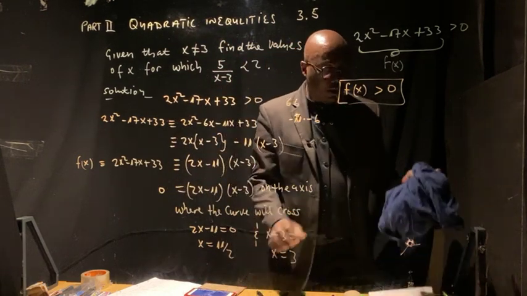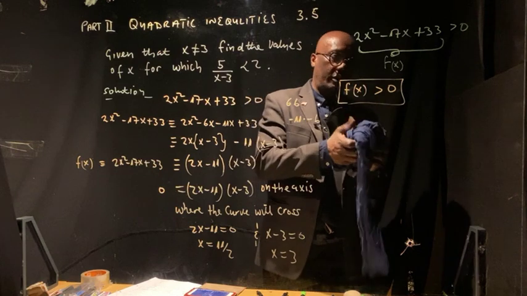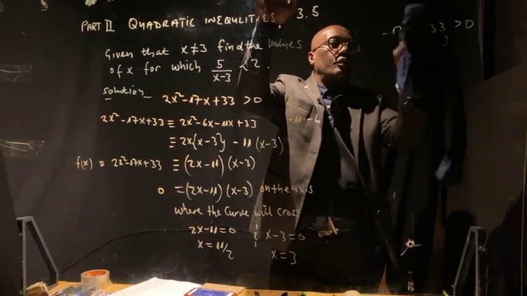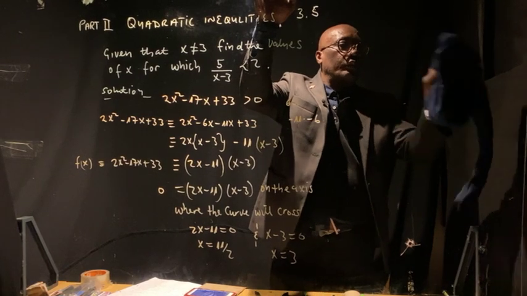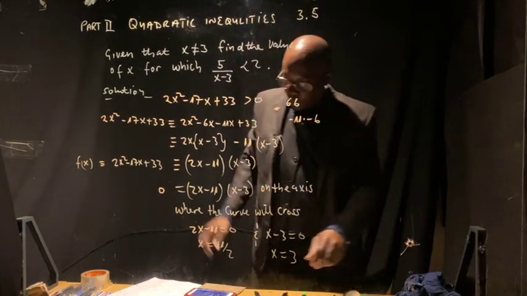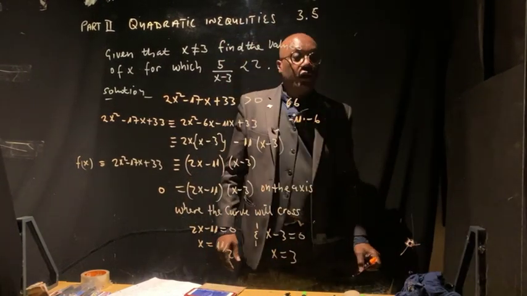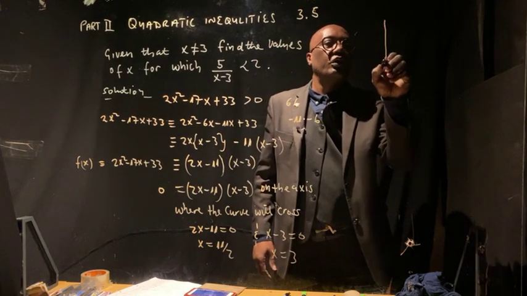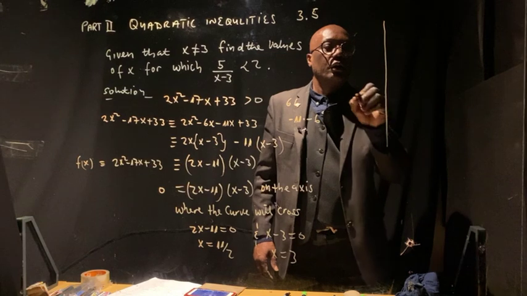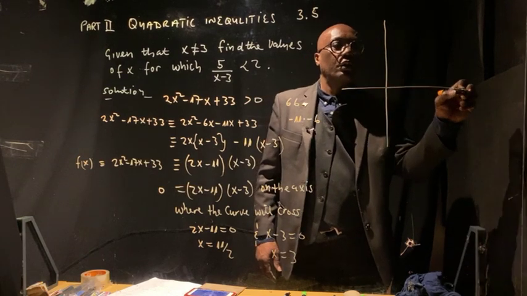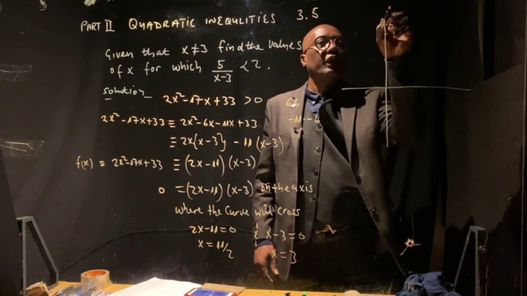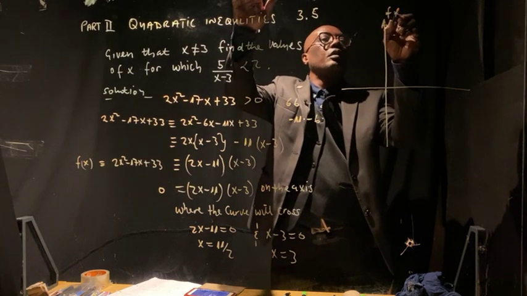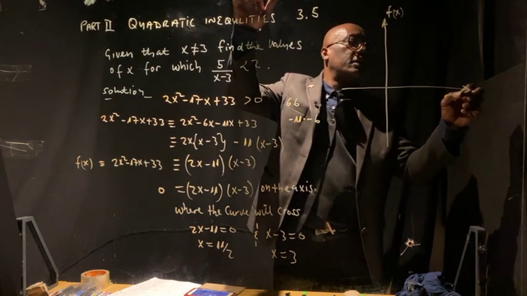In that case, if we are sketching the curve, we'll have something like this. This is f of x. And this is x.